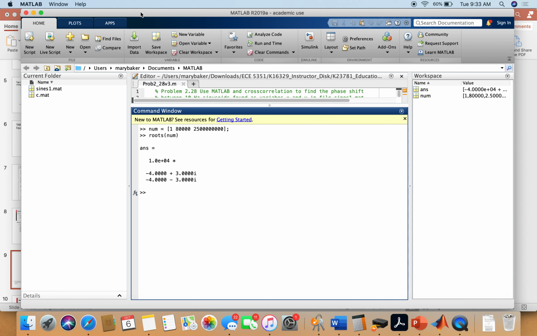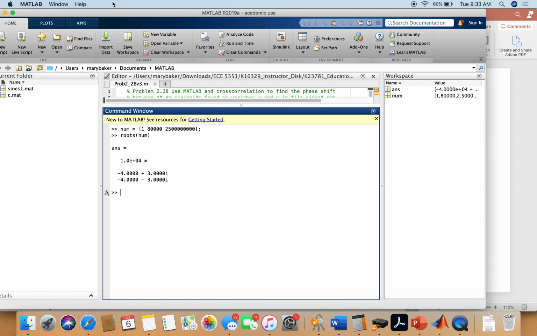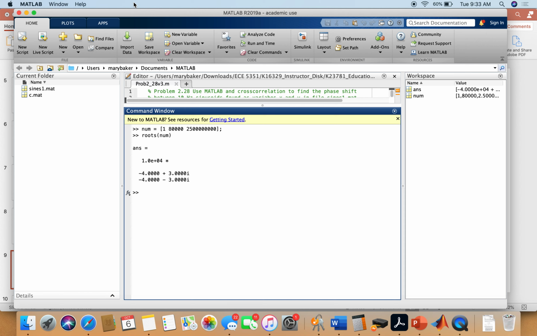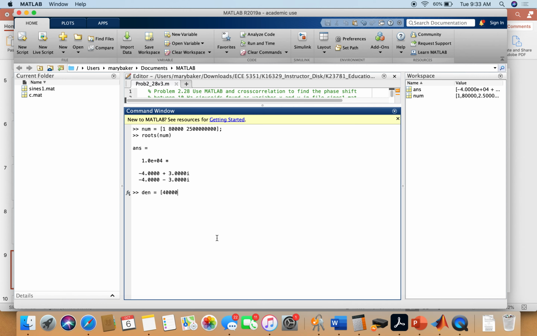And then the denominator, I think that's obvious, but we'll see what MATLAB does if we give it the denominator. It is 40,000? Is that what it was? No. 7 zeros. So 40 million. Okay, 4, 5, 6, 7.